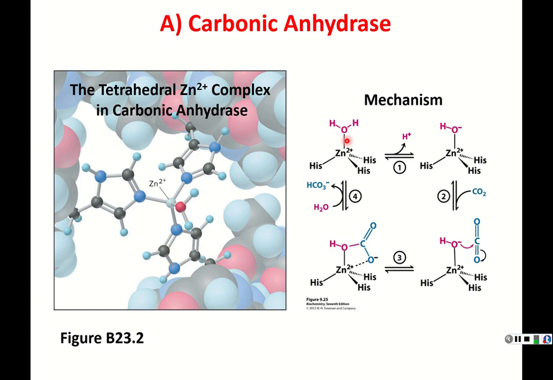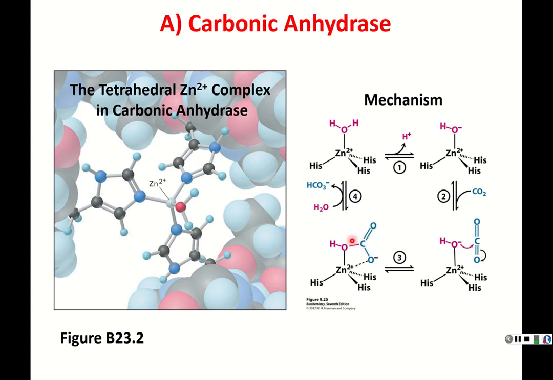Okay, so what happens is you have a water molecule coordinating the zinc, as well as 3 histidine amino acids. Those are inert, those don't change. What's changing is this water molecule. In the first step, the water molecule loses a proton and becomes a negatively charged OH group. Then a CO2 can come in, and those electrons will attack the carbon in CO2 and form a bond.